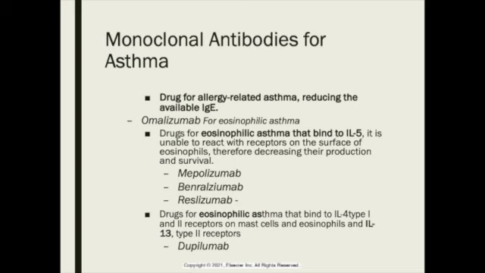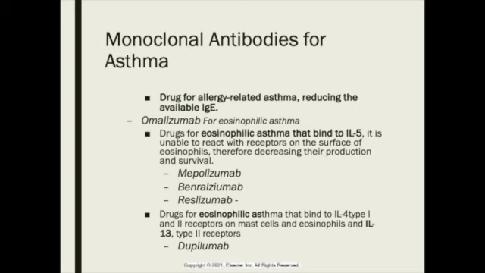The last one is also a drug that treats eosinophilic type asthmas, and this one is called dupilumab. It differs though because instead of targeting interleukin 5, it's targeting interleukin 4. And by targeting interleukin 4, both type 1 and type 2 receptors on the mast cells and the eosinophils, we can reduce allergic inflammation.